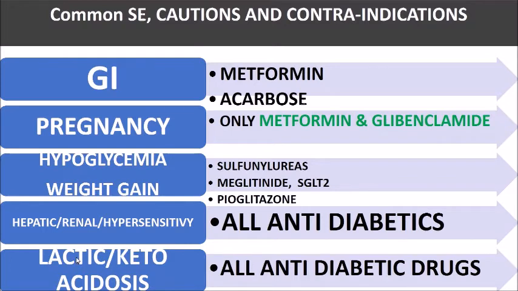So they are all contraindicated, whether it's sulfonylurea, metformin, or the dipeptidyl peptidase inhibitors. Also, with hepatic and renal impairment and hypersensitivity, especially the dipeptidyl peptidase inhibitors and the glucagon-like peptide 1 agonists cause hypersensitivity, and also renal and hepatic problems.